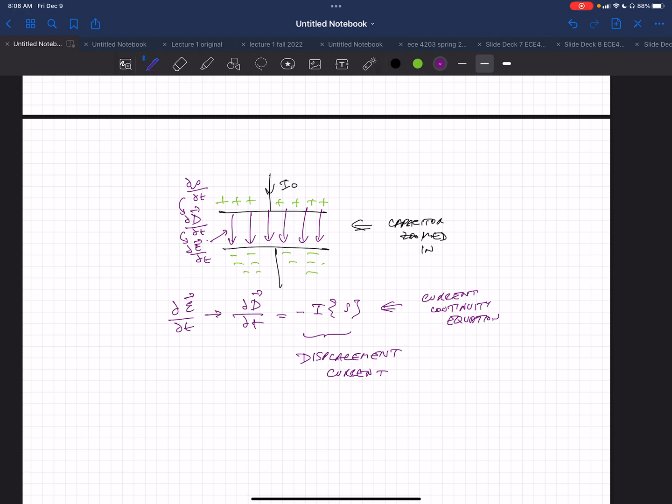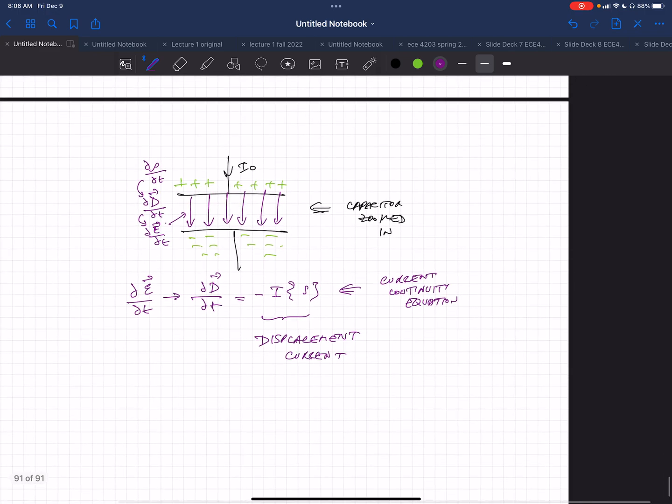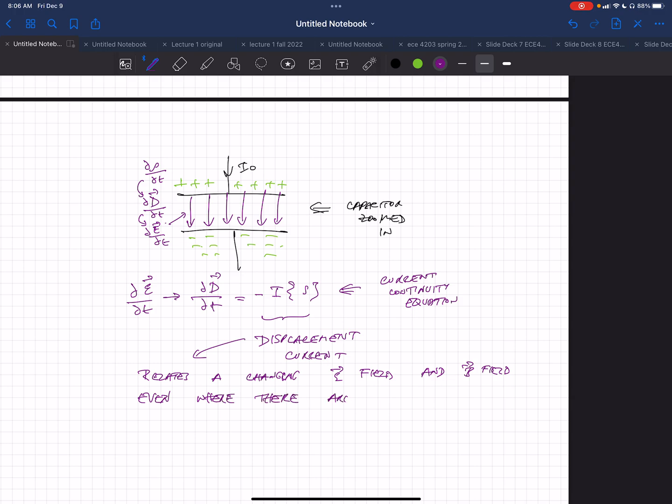And the reason this is important is that it relates a changing E field and B field even when there are no conductors, for example, in free space.